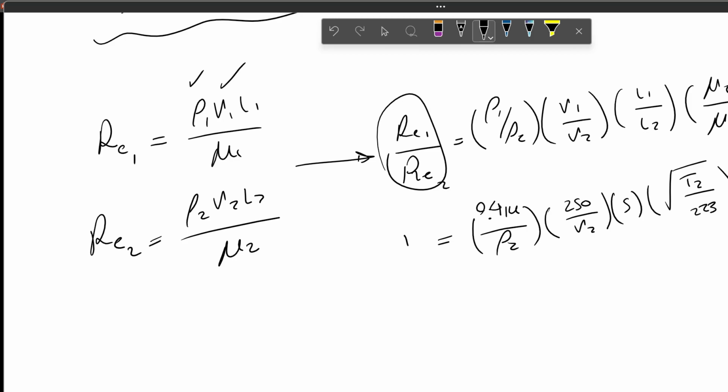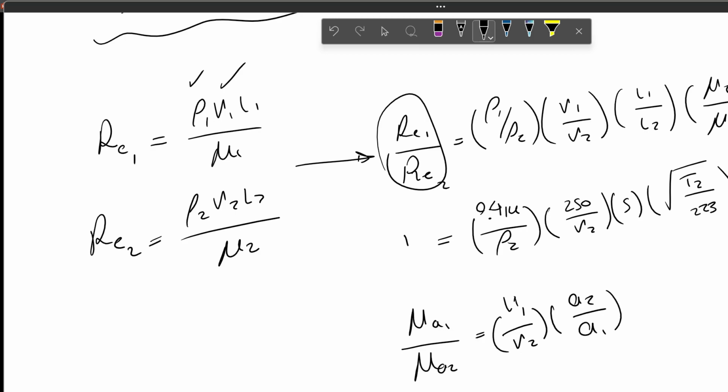Can we do the same thing for the Mach number? Let's take the ratio for the Mach number. Mach 1 over Mach 2 is V1 divided by V2, A2 divided by A1.